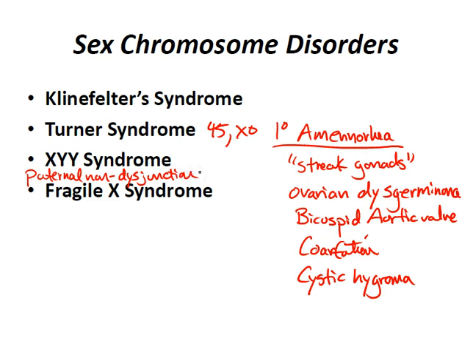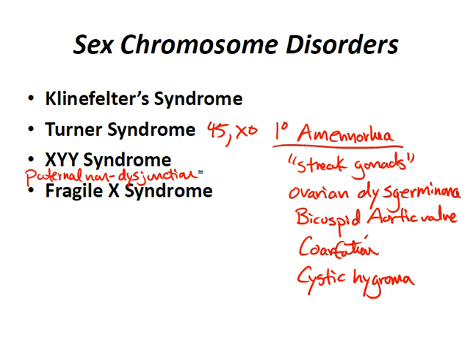So they have increased height and sometimes mild mental retardation. They have a normal fertility, though. It used to be thought that XYY syndrome correlates with an increase in aggressive behavior, but newer studies have found no such association. But for the boards, just think aggressive behavior with XYY syndrome.